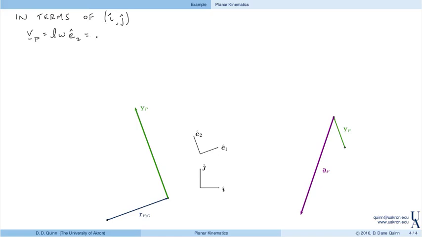So this becomes L omega, and at this instant, E2 is minus sine of phi in the I direction plus cosine of phi in the j direction, or grouping all this together, minus L omega sine of phi in the I direction plus L omega cosine of phi in the j direction.